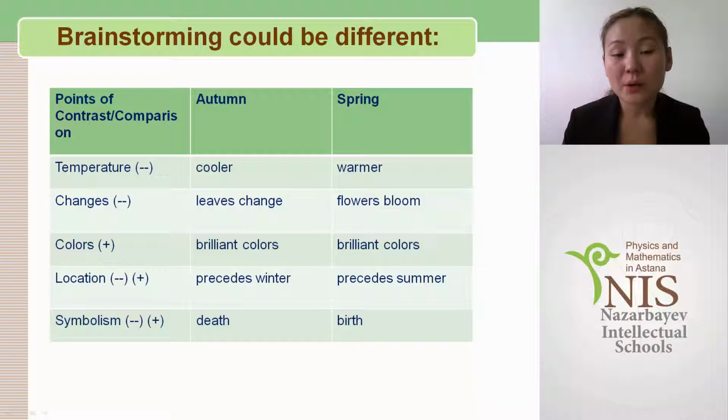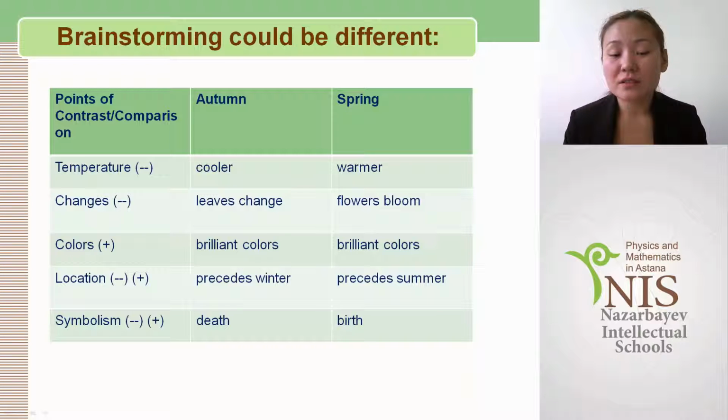Well, let's go against the two things that are compared. The temperature can be cooler in autumn and warmer in spring. Changes: leaves change in autumn and flowers bloom in spring. Colors are both of brilliant type, both in autumn and spring.